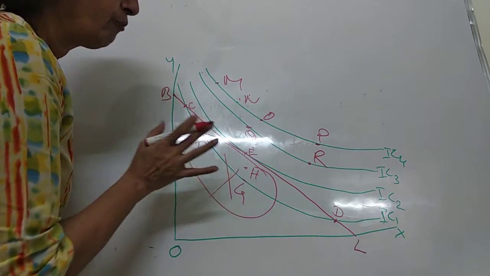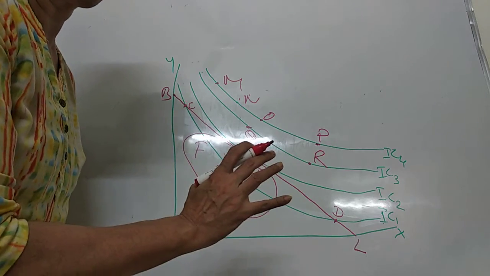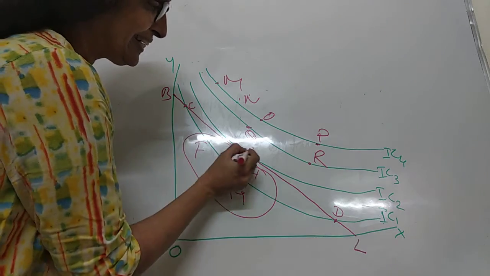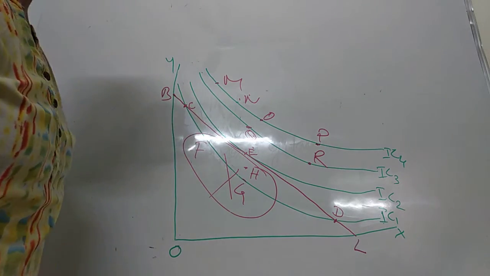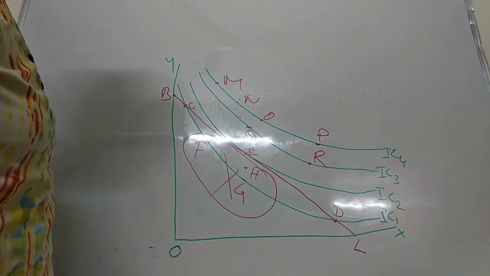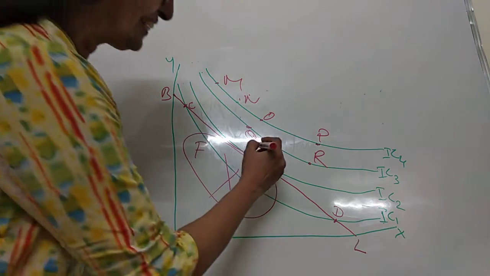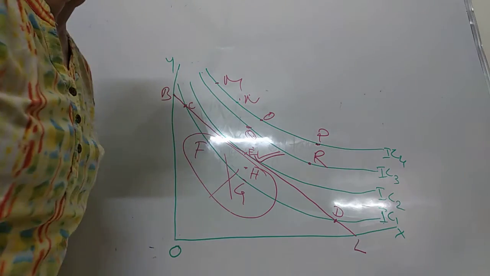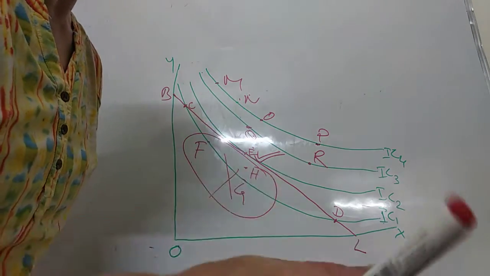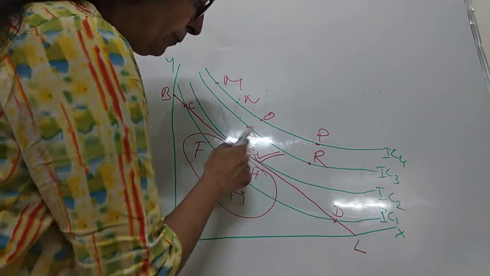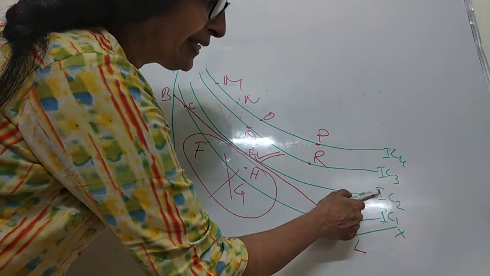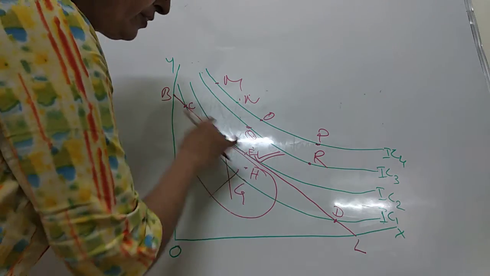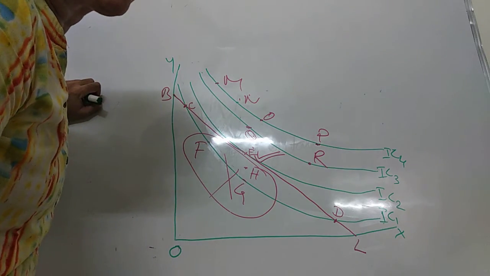Okay, first, the very first logic that we see here is that C, E and D, if we see these combinations, then the consumer is at equilibrium at point E, at combination E, because that is the combination on the highest indifference curve that could be reached given the budget restraint of the consumer.